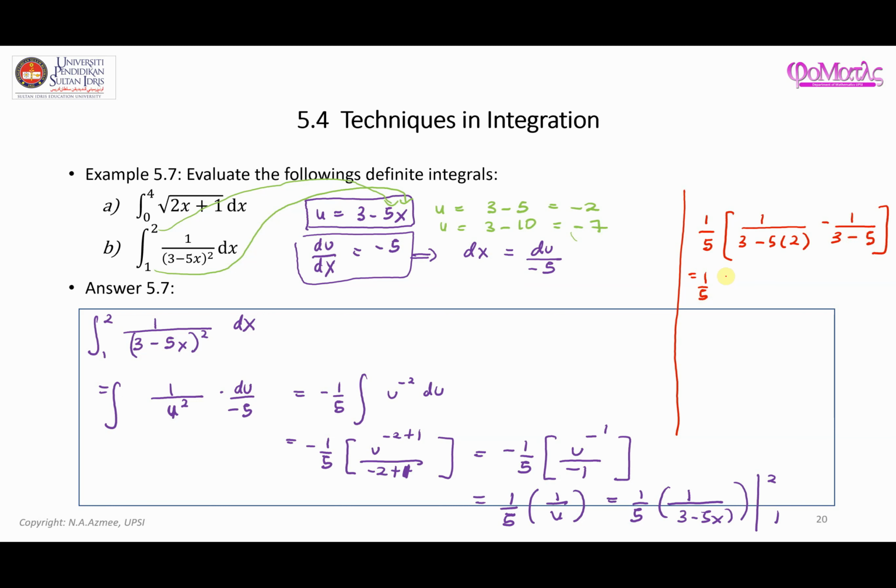So here we have 1 over 5, times 1 over 3 minus 10, which is negative 7, minus 1 over negative 2. So 1 over 5, times negative 1 over 7 plus 1 over 2, and that is just equal to 1 over 14.